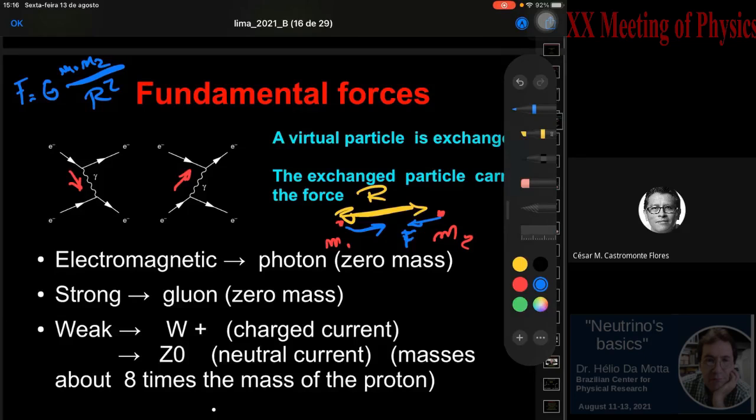Remember the nucleus I mentioned yesterday, like helium. Helium has a proton and another proton, and a neutron and a neutron. According to Coulomb's law, the protons will repel each other.